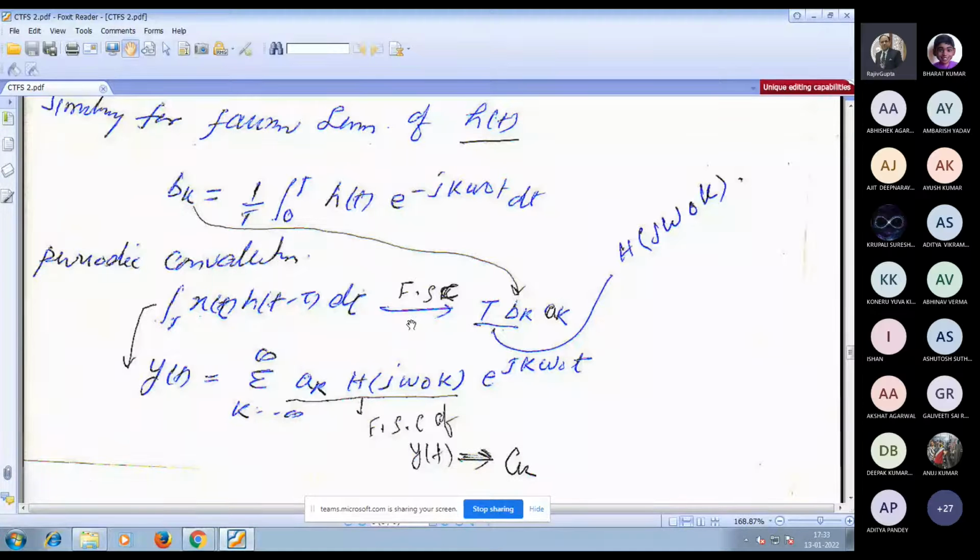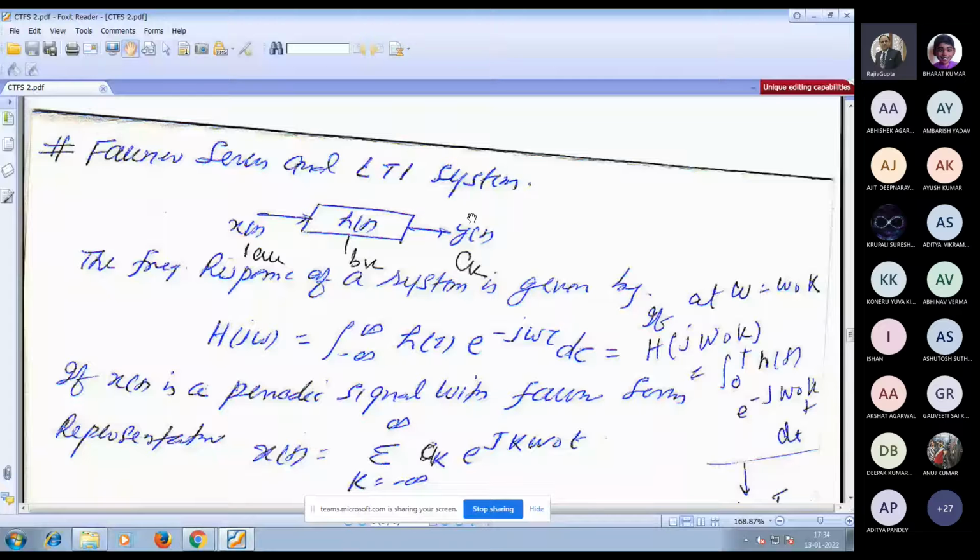So now the question is how will you write y of t? Since for an LTI system, y of t is nothing but the convolution of x of t and h of t.